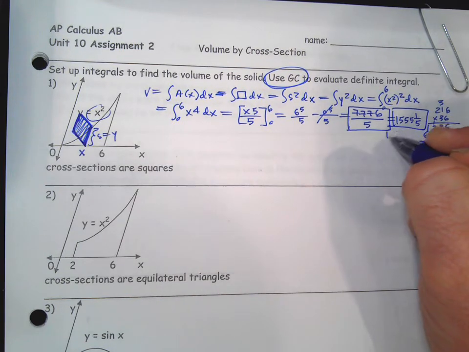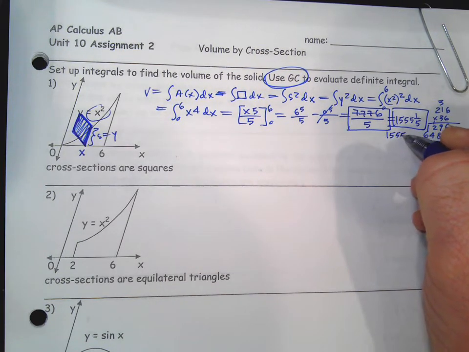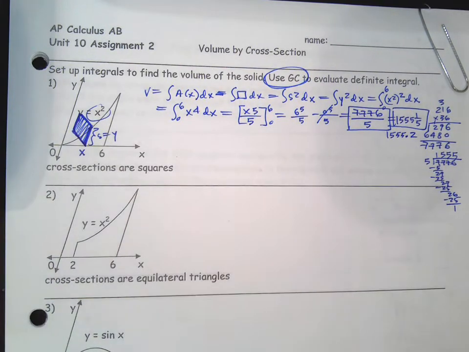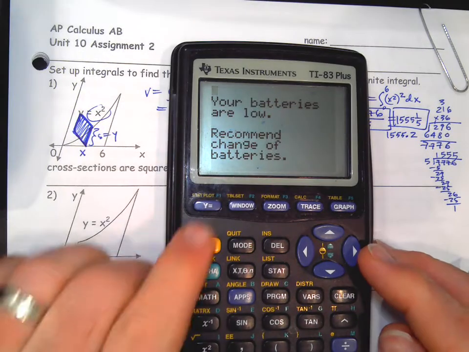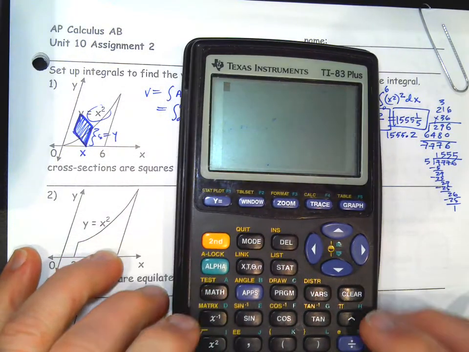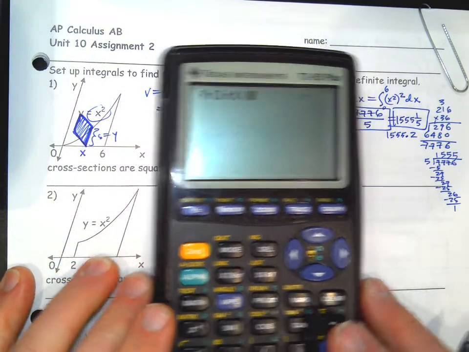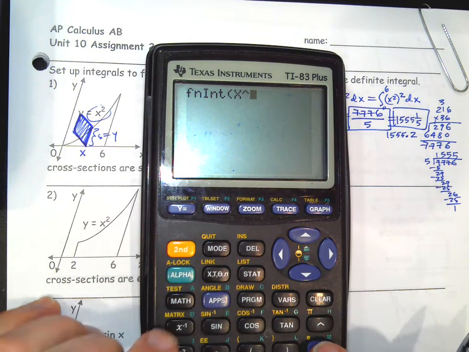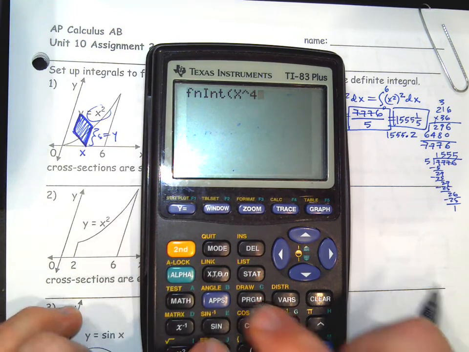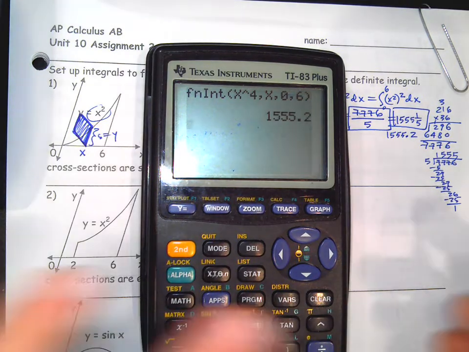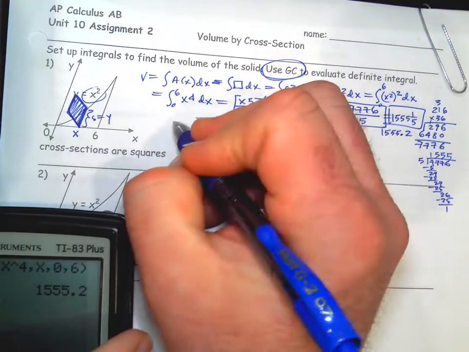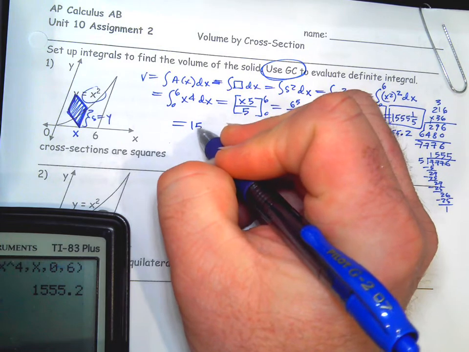Or 1555.2. Now, on our graphing calculator, I'll try this out real quick. I would just go math 9, and I put x to the 4th, comma x, comma 0, comma 6. And if you're allowed to use a calculator, you want to use a calculator. So we could say the answer is.